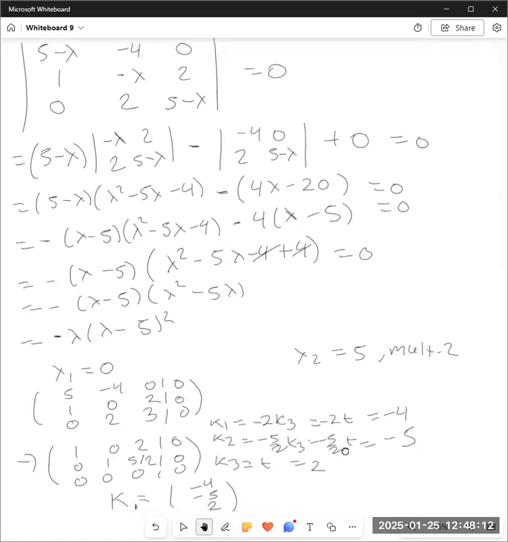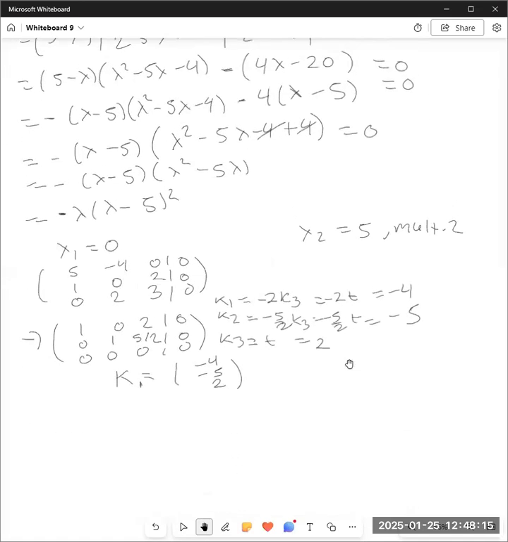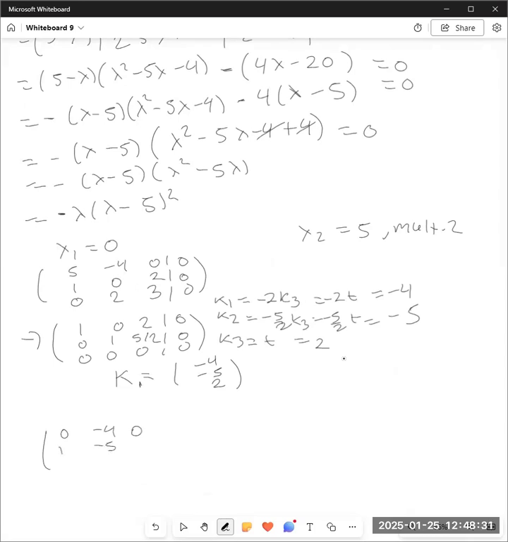For lambda 2, we have 5 minus 5 is 0. And we have negative 4, 0, 1, negative 5, 2, 0, 2, 0. And when we RREF that, this is going to give me my K matrix.